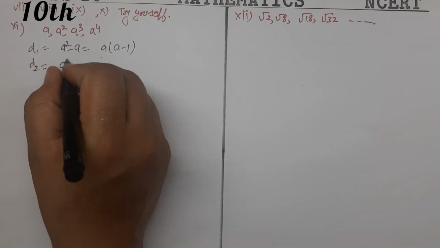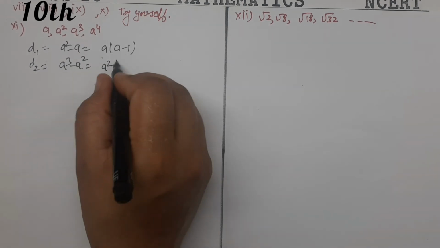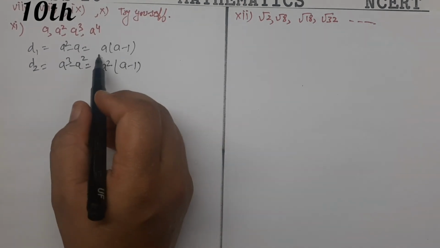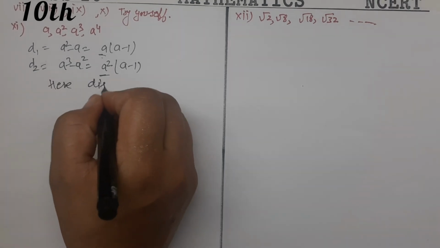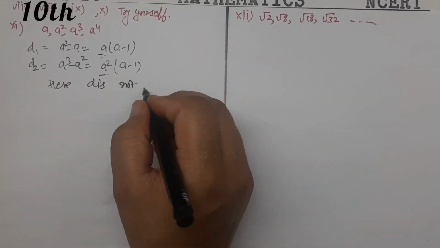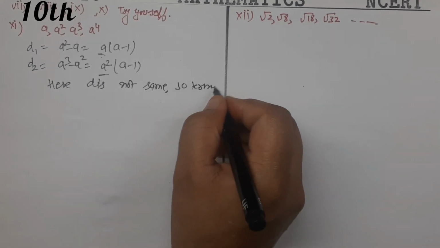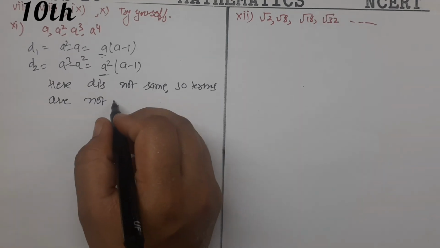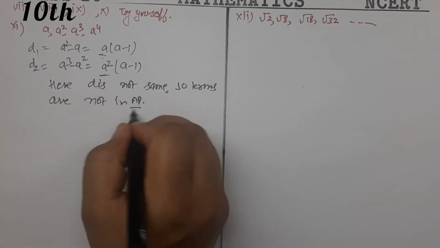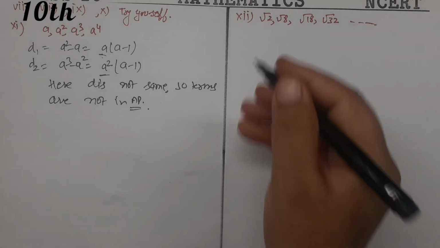Next d = a cube minus a square, take common a square, a minus 1. Here d is not the same. So the terms are not in AP, or we can say the terms are not from an AP.